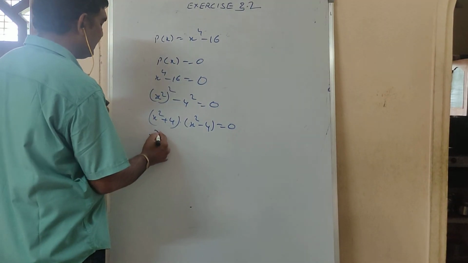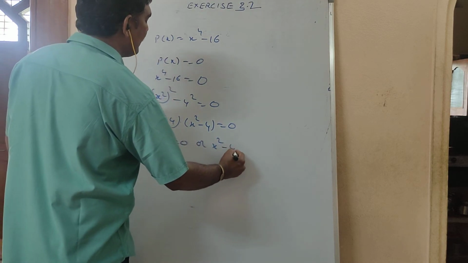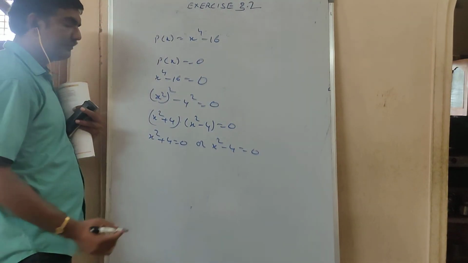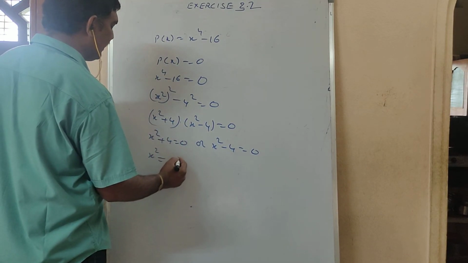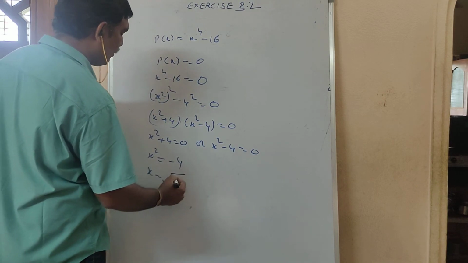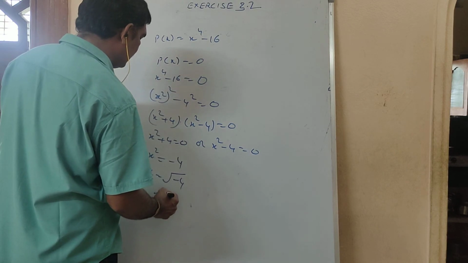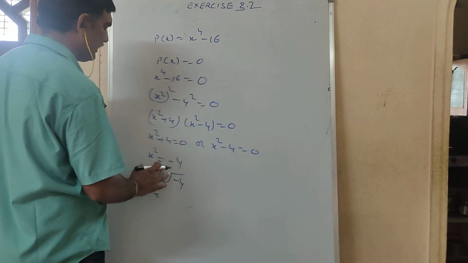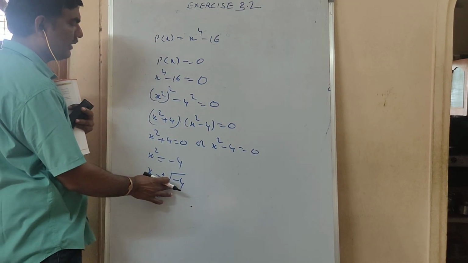Means x square plus 4 is equal to 0 or x square minus 4 is equal to 0. Here x square is equal to plus 4, if you take it to that side, minus 4. x is equal to under root minus 4. Okay, you are getting plus or minus, means plus root minus 4, minus root minus 4. Two values you got here.